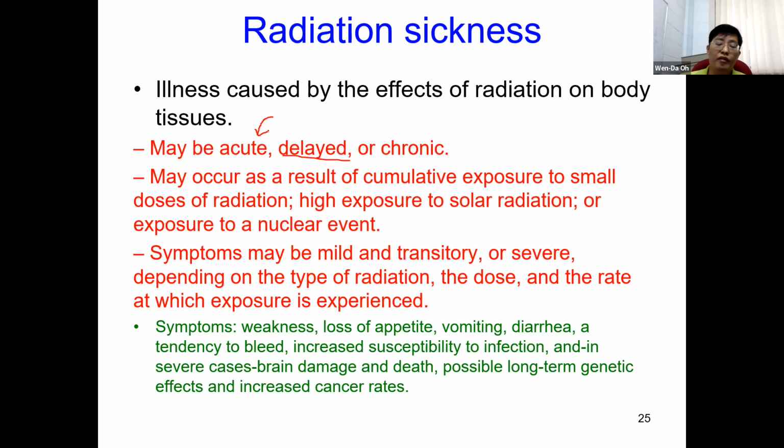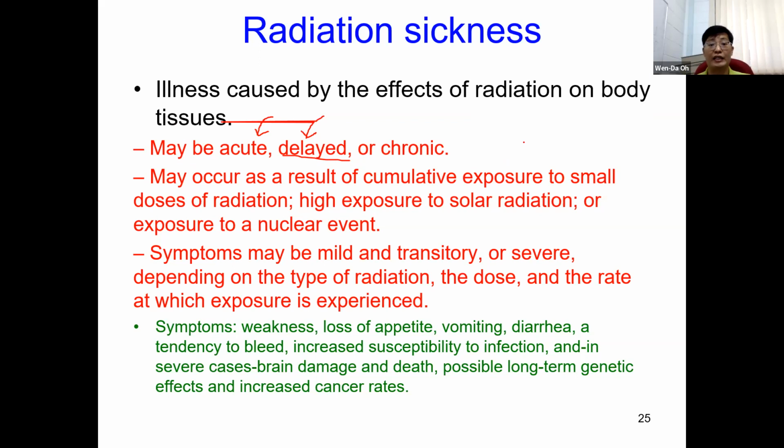Then you have delayed effects, whereby the radiation induces certain changes in your DNA, and it takes several months, maybe several years, for the cancer or other effects to come out. Then the other one is chronic exposure to a small amount over time.